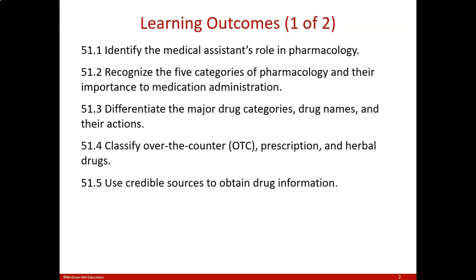We'll talk about the difference between prescription medications, over the counter medications, and herbal drugs. Over the counter drugs are ones that you can go buy at the pharmacy. Some of them have been over the counter for many years.